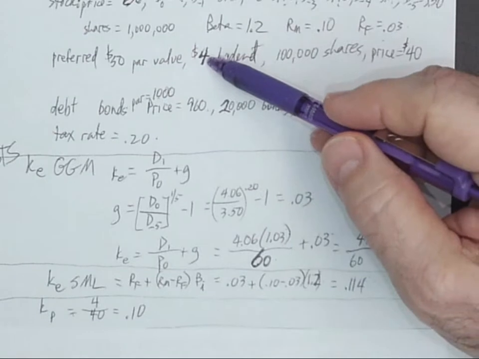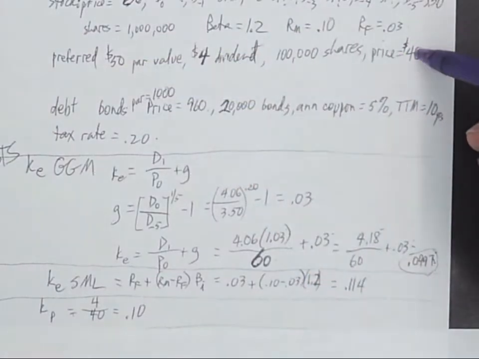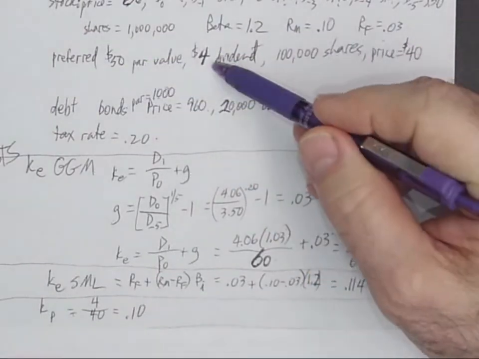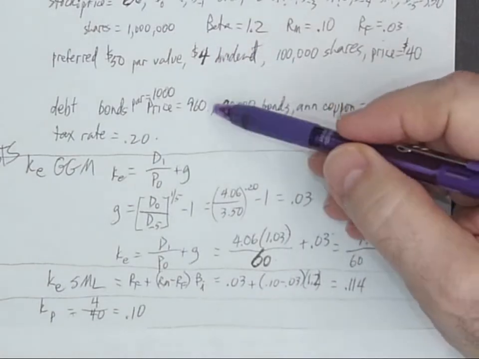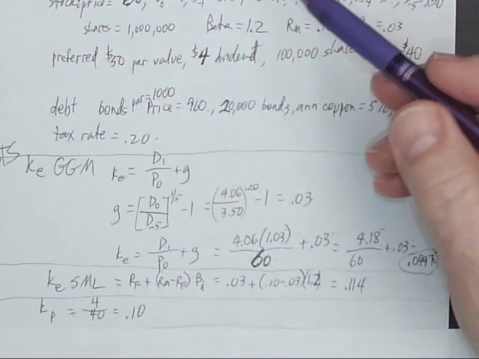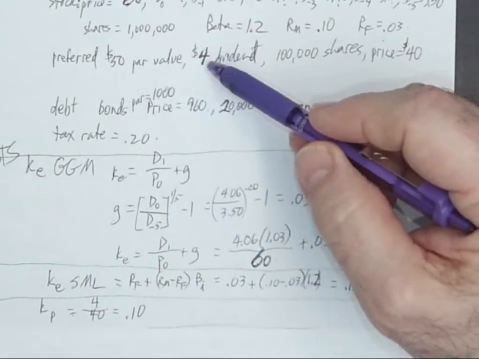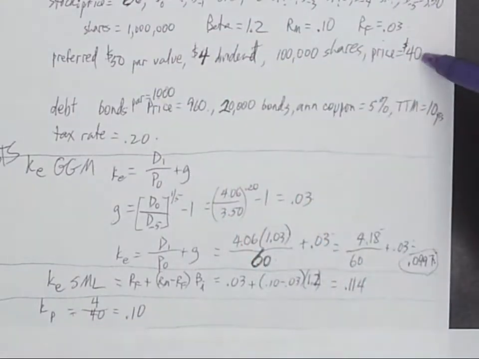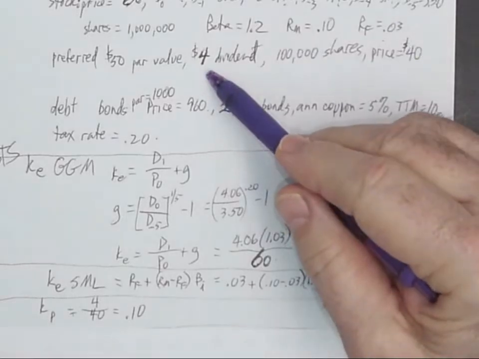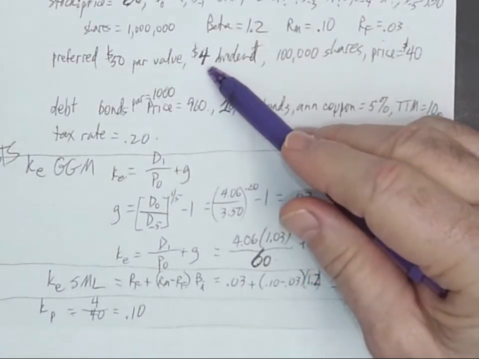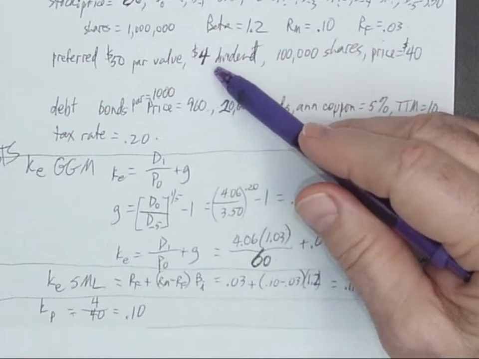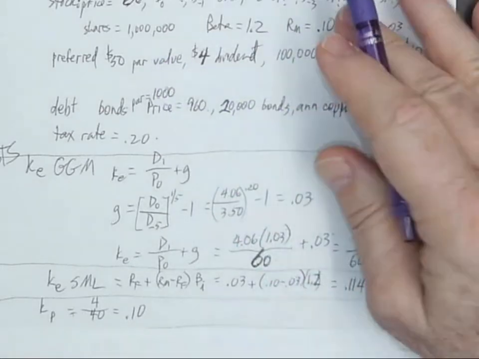So the 8% relates to par value, not to price. $4 relative to $50 is 8%. $4 relative to $40 is 10%. But if it says 8% preferred, it's based on par value.